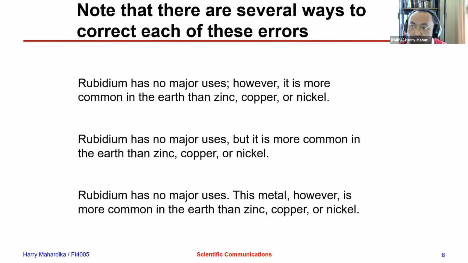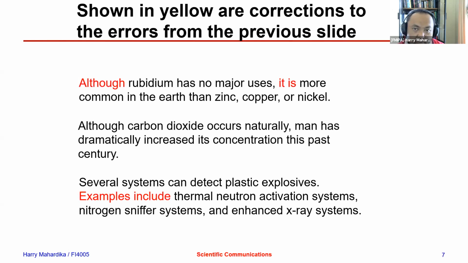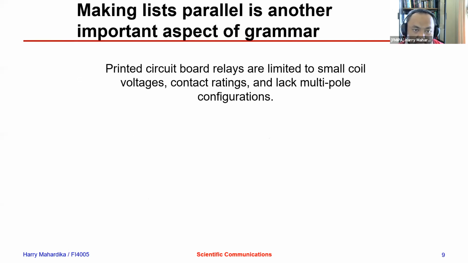Okay, so there are ways to improve a certain sentence into a good sentence. There is not only one method, but we have many alternatives or many ways to explain things in a proper order.